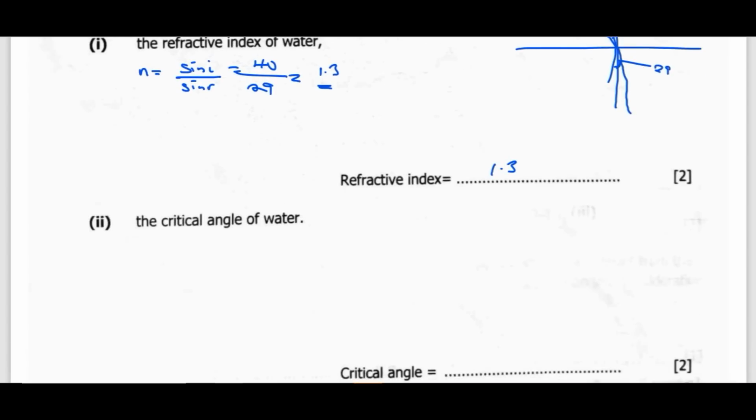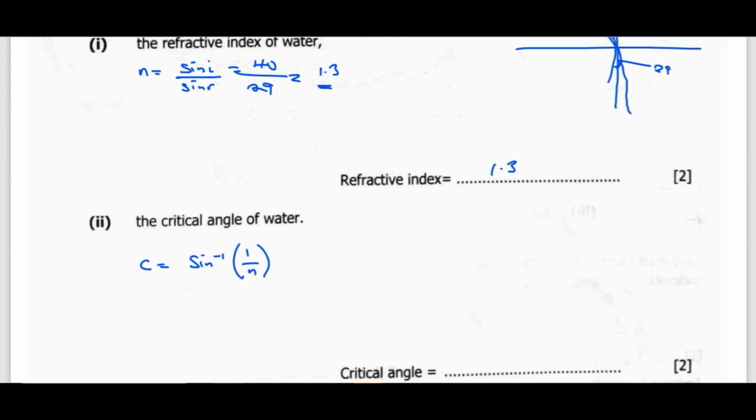So we can move to the critical angle of water. The critical angle is equal to sine inverse of 1 over the refractive index.